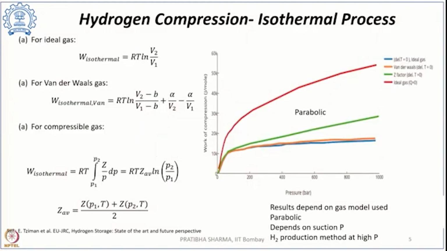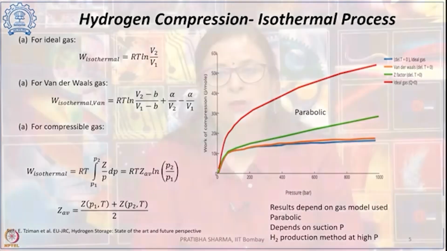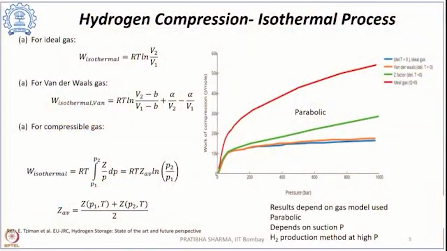Another possibility is if the actual process is modeled to be an isothermal process, that means we are removing the heat during the compression. Whatever heat is generated during the compression is removed such that the temperature of the process remains constant. Here again we can consider the gas to be an ideal gas. If we consider the gas to be ideal, the work of isothermal compression is RT ln of V2 upon V1.